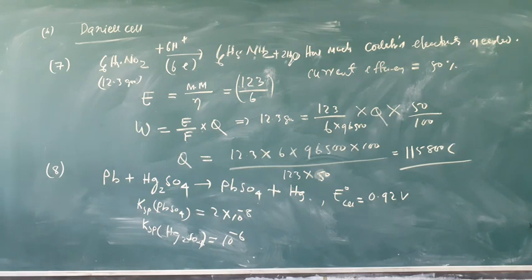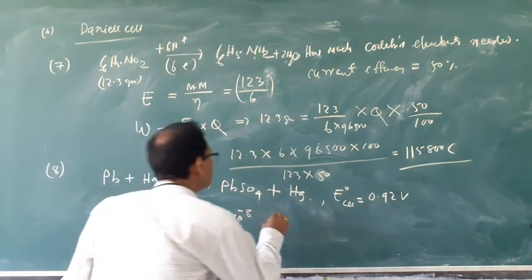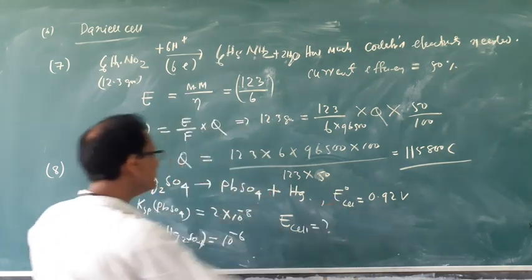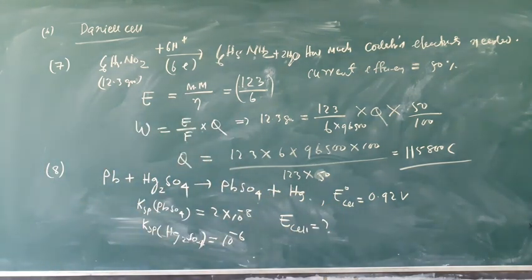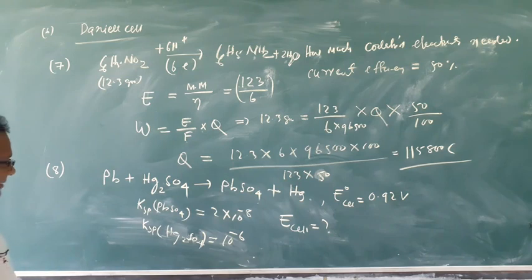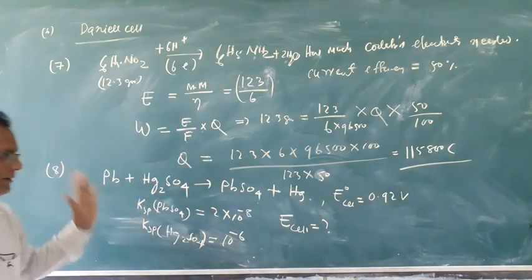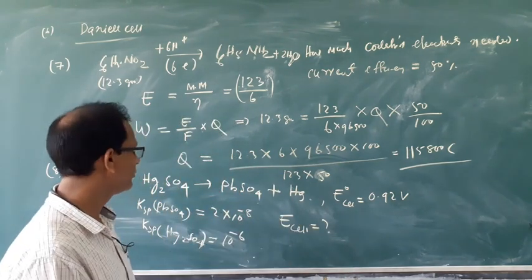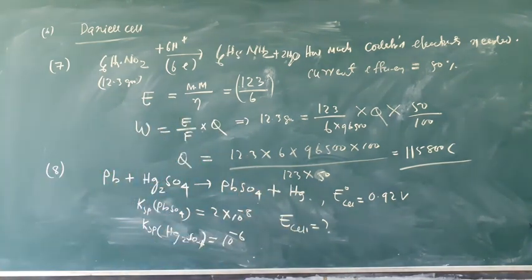Then we will calculate E cell. The question is, we will calculate E cell. E cell is how much? The solubility products of these two salts are given, and E naught cell is given. Then what is the cell potential?